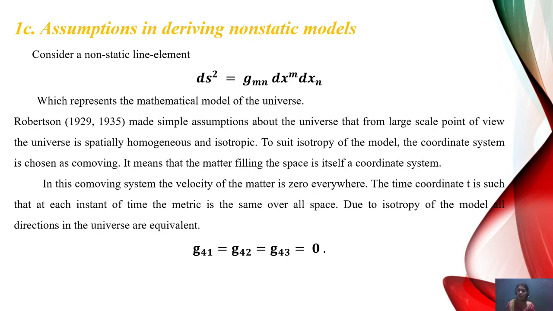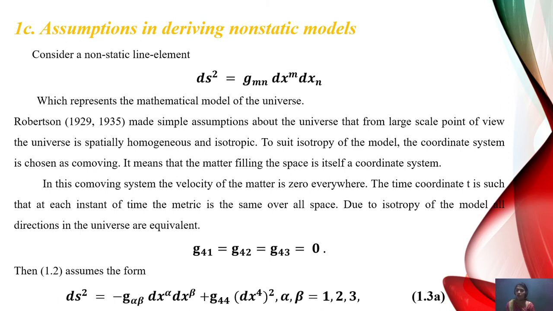Due to isotropy of the model, all directions in the universe are equivalent, which leads to g41, g42, g43 equal to 0. Then equation 1.2 gives the form ds squared equals minus g alpha beta dx to the power alpha dx to the power beta plus g44 dx to the power 4 squared, where alpha and beta are 1, 2, 3.